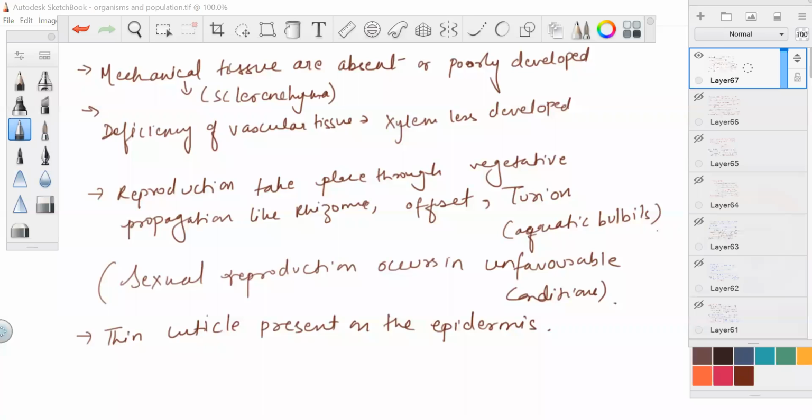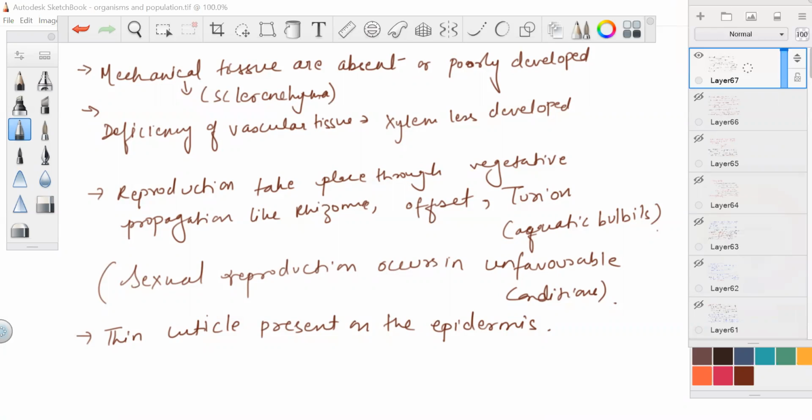Two, like submerged, suspended, and submerged, rooted. See, in submerged only it will be suspended and rooted. That you can say floating and rooted also. And in floating also, one is free floating and rooted.